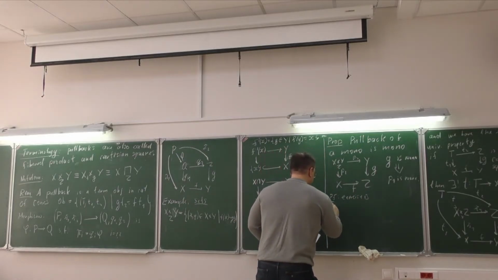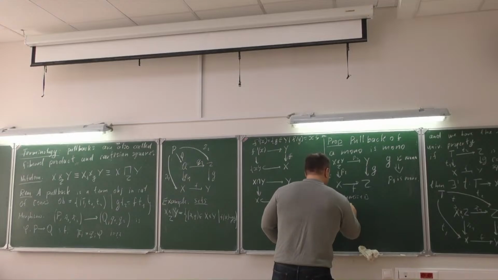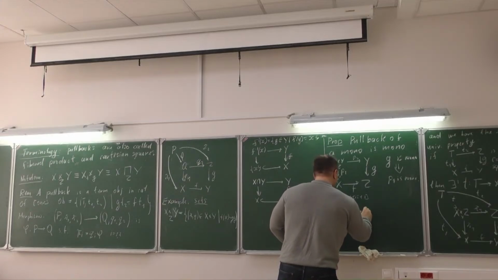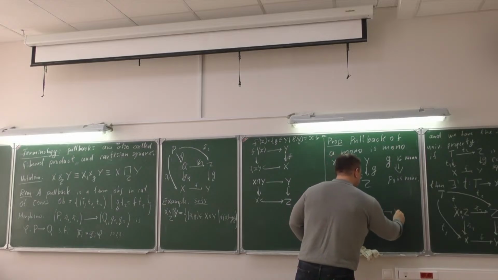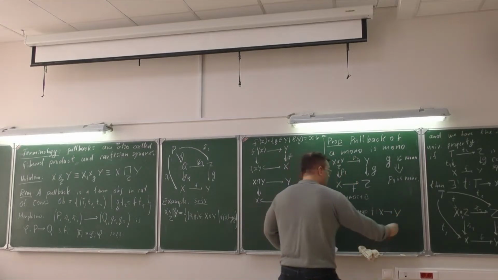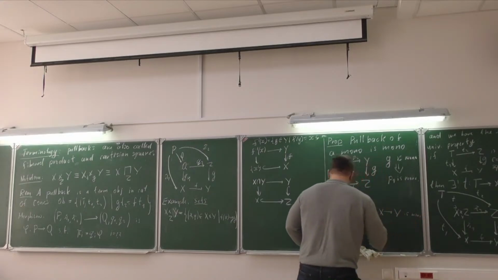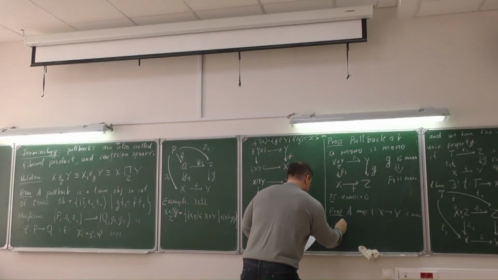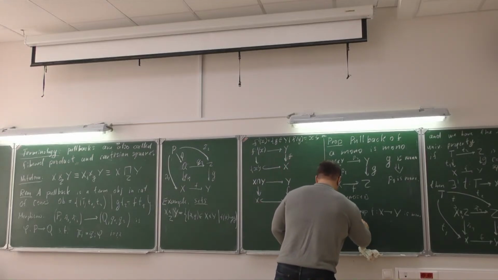So the second proposition, which is maybe even easier to show. So again, exercise. A map or an arrow in a category, f from the object X to the object Y, is mono if and only if the following diagram is a pullback diagram.